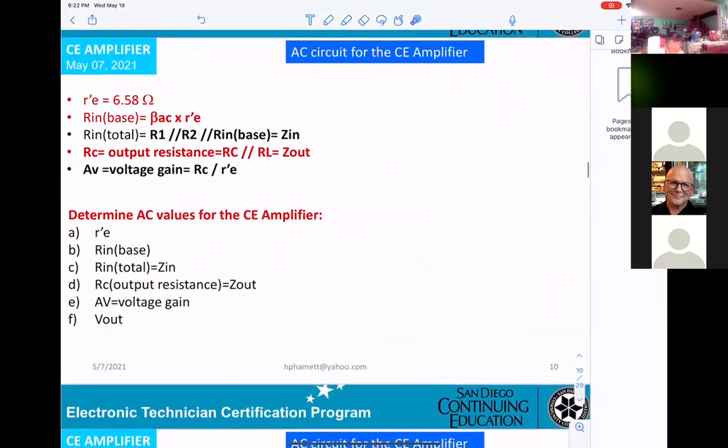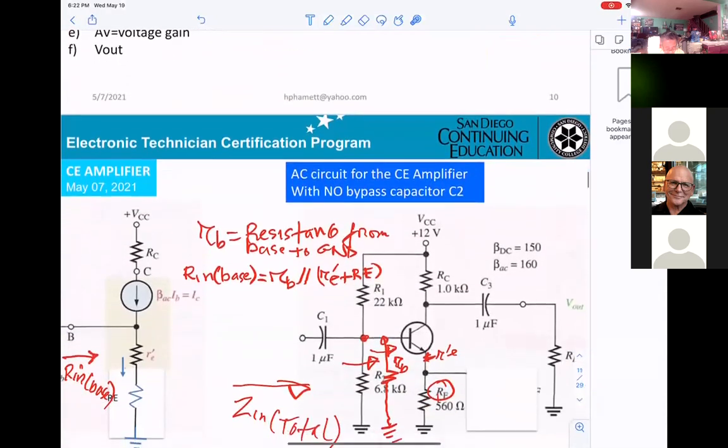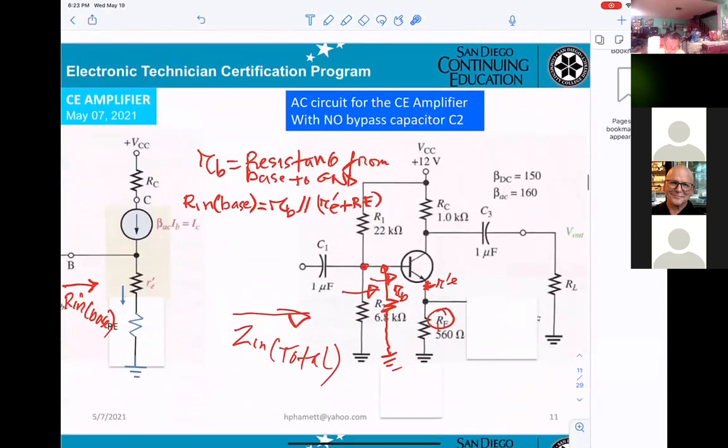Also they want you to calculate R prime E, R in B, R in total, R out, the output impedance, and the voltage gain of V out. And on this circuitry here, the only thing they bring up is not by part.